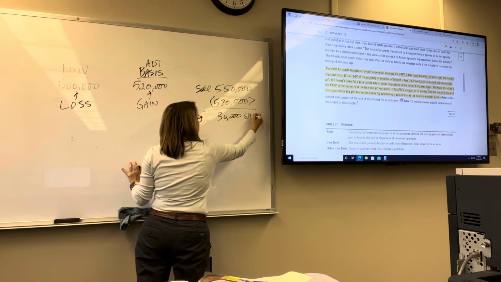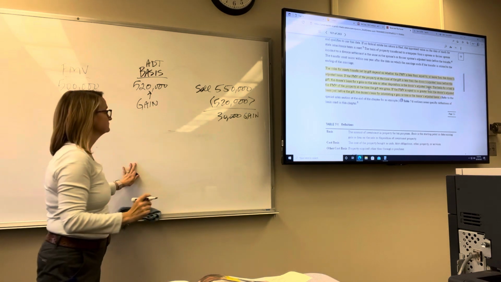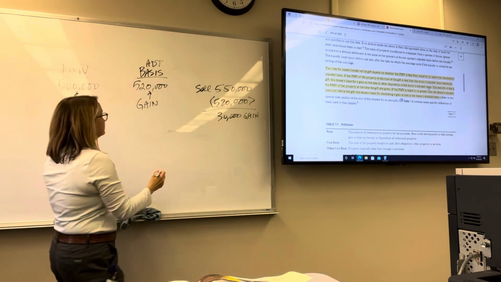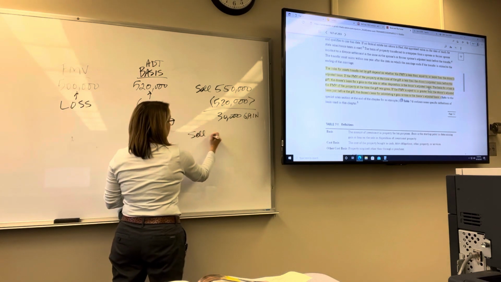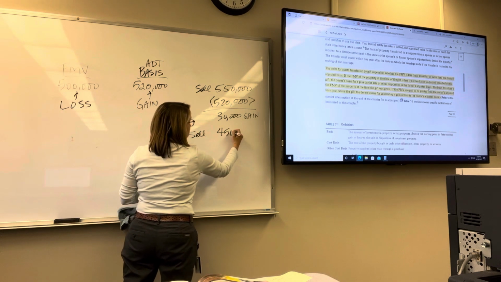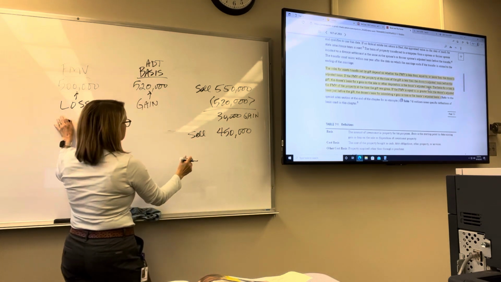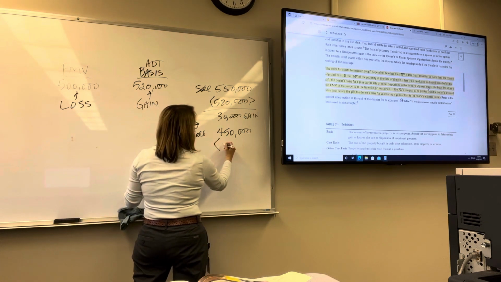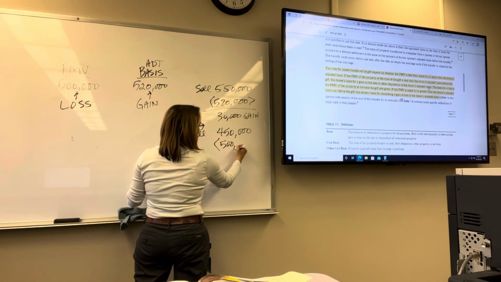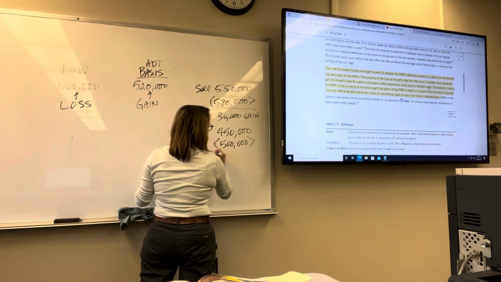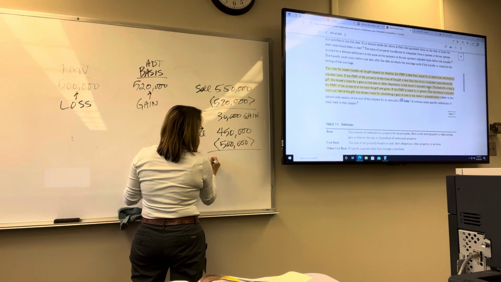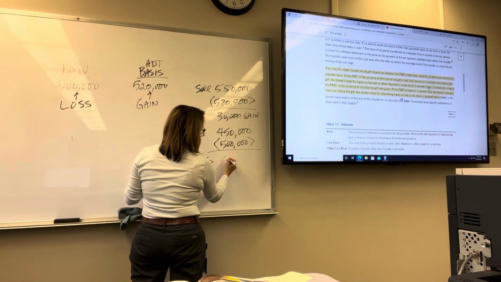This is our $30,000 gain here. Now, if we sell it for $450,000, now we've got a loss. So our adjusted basis now becomes the $500,000, and we have a loss of $50,000.